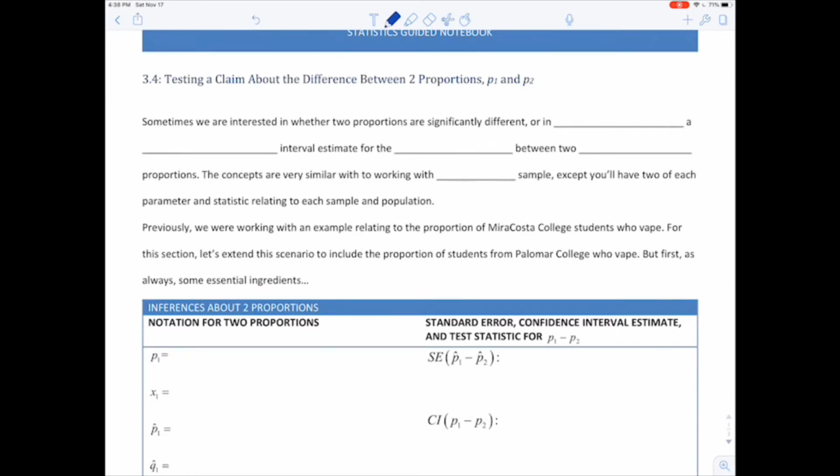Today we will be looking at testing a claim about the difference between two population proportions. Let's call them P1 and P2. Sometimes we're interested in whether two proportions are significantly different or in constructing a confidence interval estimate for the difference between two population proportions.